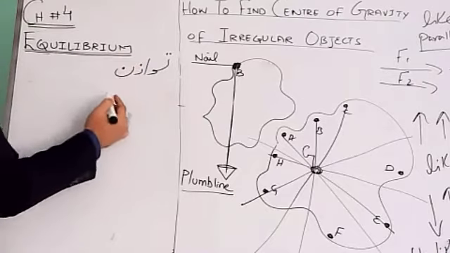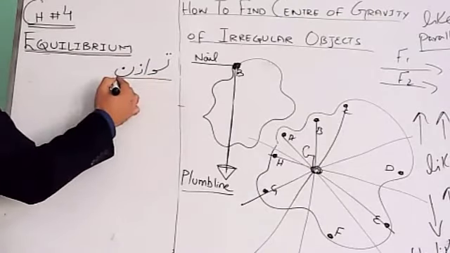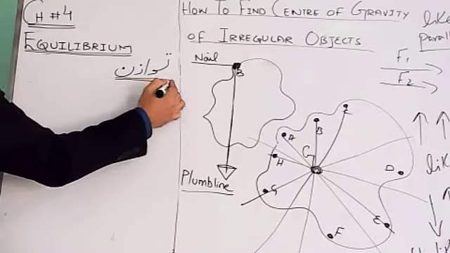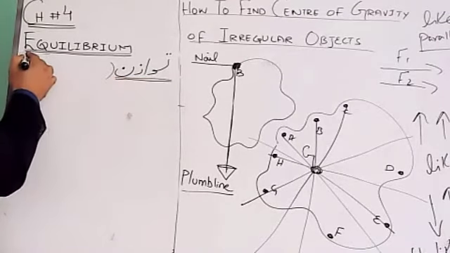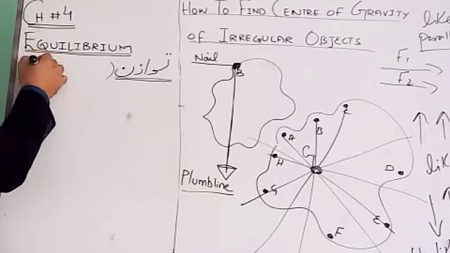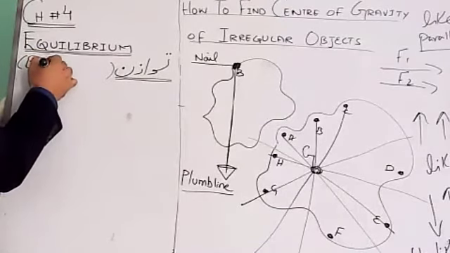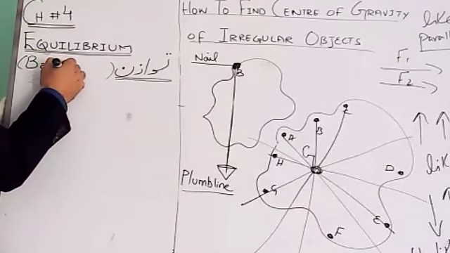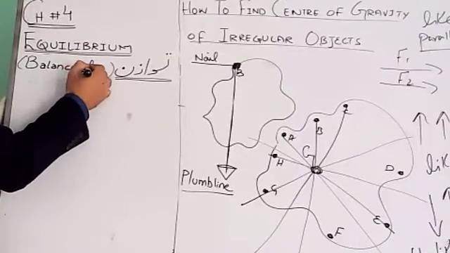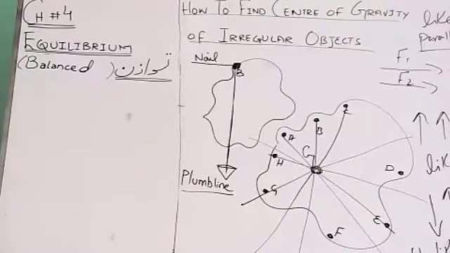Equilibrium, in other words, you will say it is tawazun, and in layman's terms you will also say it is balanced. Okay, balance, tawazun, equilibrium. The scientific name of balance is equilibrium.